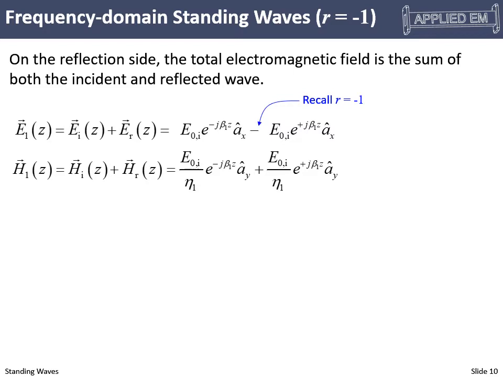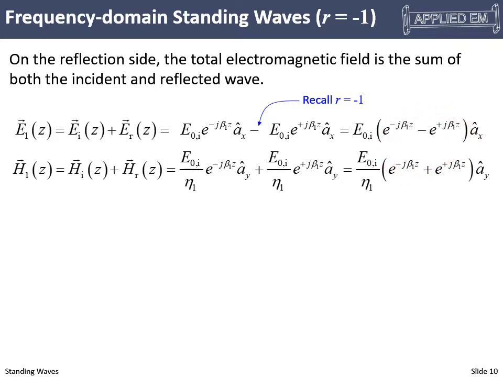Now, in the first equation, we have two complex exponentials, but otherwise we have some common terms. We have this amplitude of the incident wave on both terms, and we have the x direction in both terms. Likewise, down here, we have this ratio appearing twice, and we have our unit vector in the y direction. So we can factor these out, and we're just left with these complex exponentials.